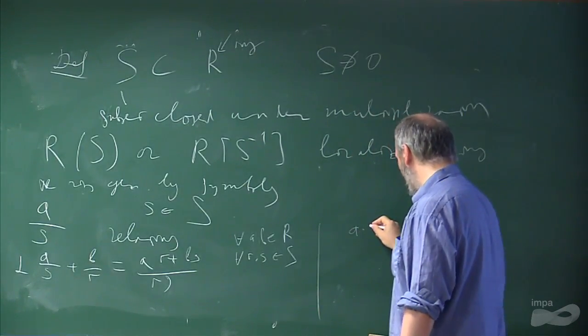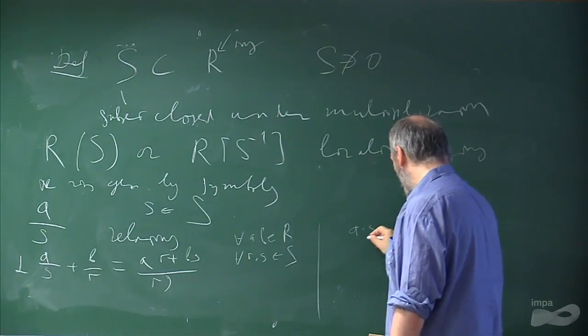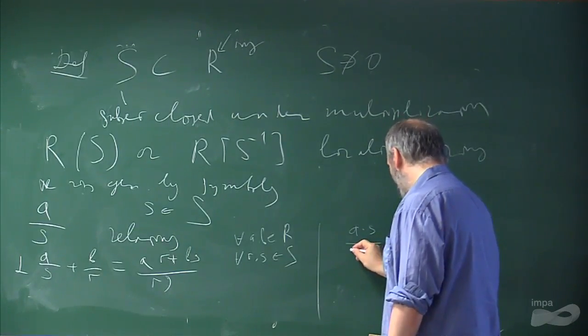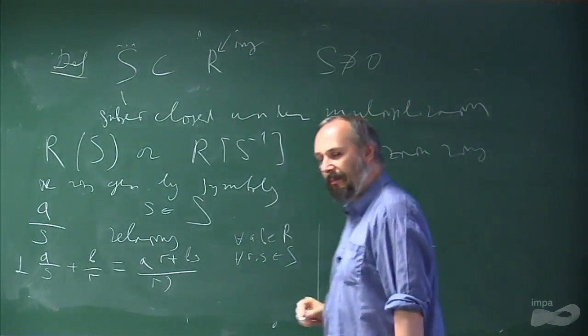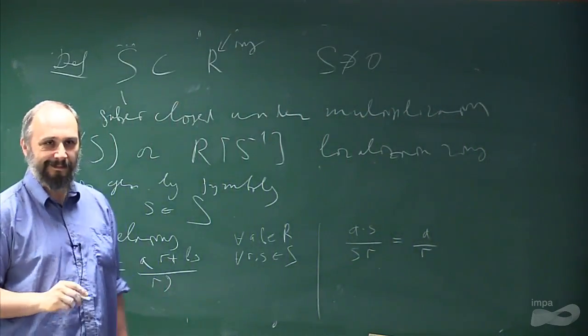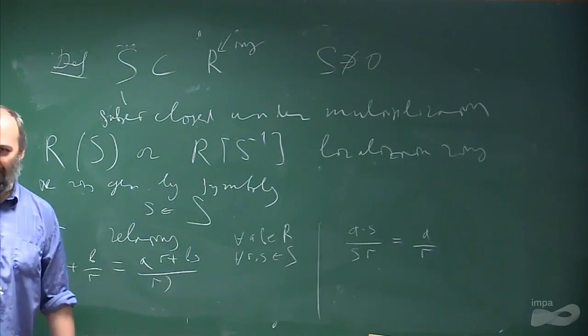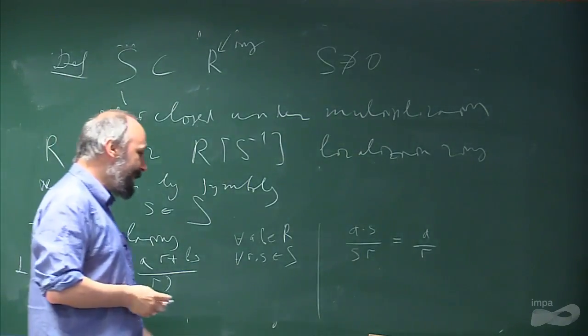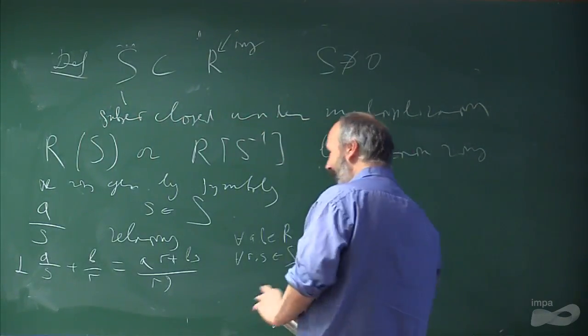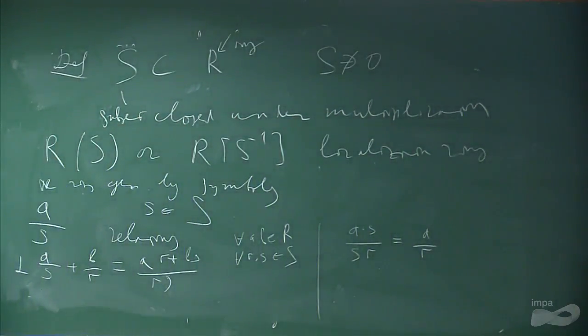A quotient multiplied by S quotient by SR is equal to A quotient by R. This is formal, but it's not hard to see that this is the formal way you obtain rational numbers, fractions, rational functions, and so on.